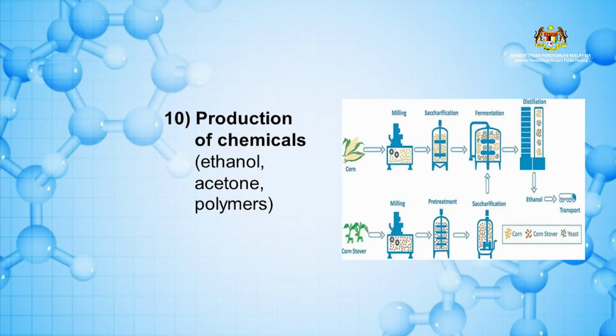Finally, the production of chemicals such as ethanol, acetone, and polymers also uses biotechnology, as in the process of using corn and corn stover. Bioethanol is used as a fuel additive, reducing the emission of toxic gas and carbon monoxide. It is also an additional revenue source for farmers.